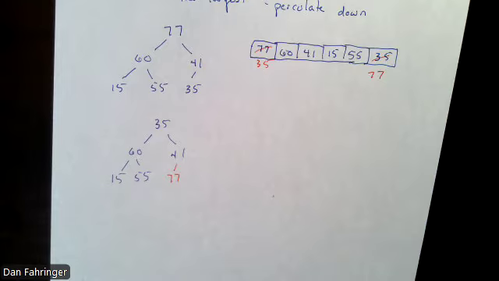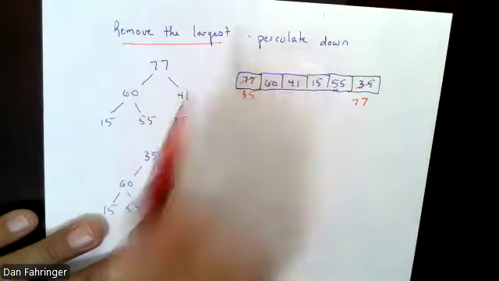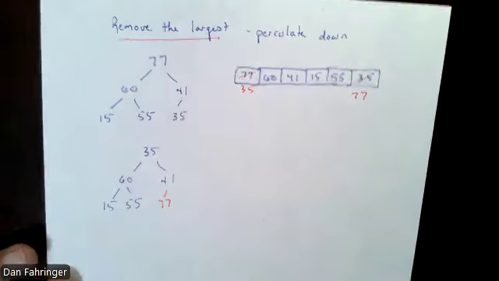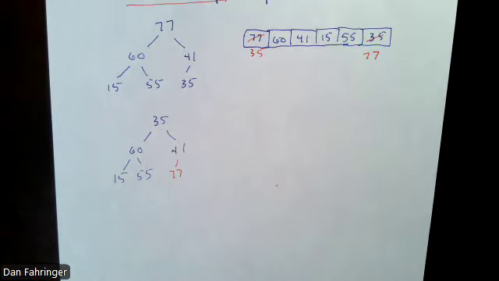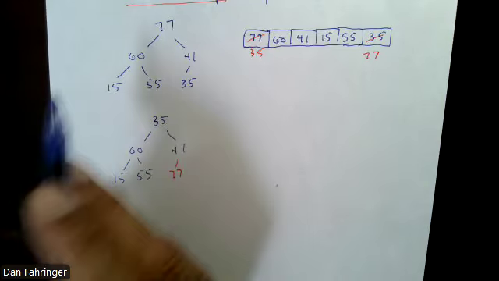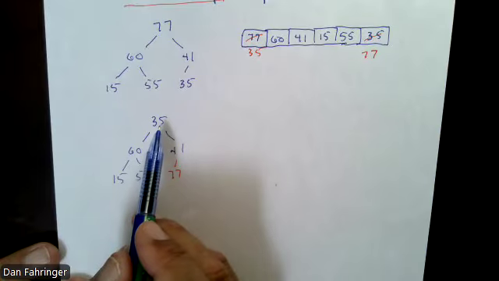Cool. Do I have a heap? No. What did I say? I'm going to remove the largest and percolate down. So percolate down means this 35 is going to get percolated down.